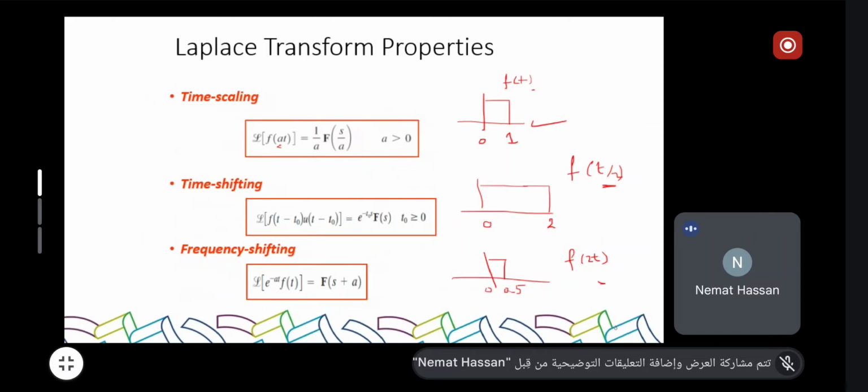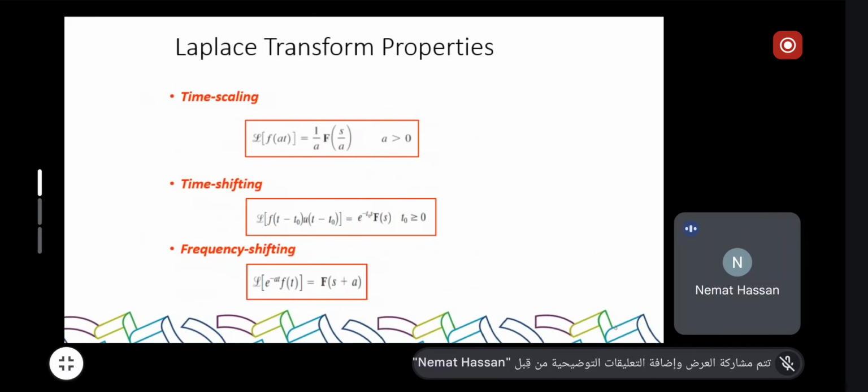So the Laplace transform property states that if you know the original pair, if I have a signal f of t, and I know that the Laplace transform for this signal is F of s, then the Laplace transform of f of at, a time-scaled version of that signal, will be 1 over a times F of s over a. What does that mean? It means you take this F of s, replace every s by s divided by a, and then divide the entire thing by a.